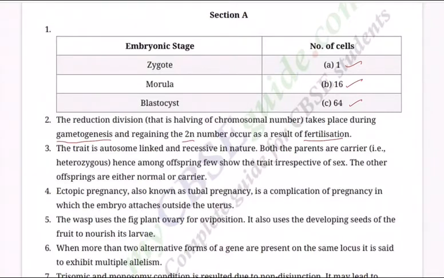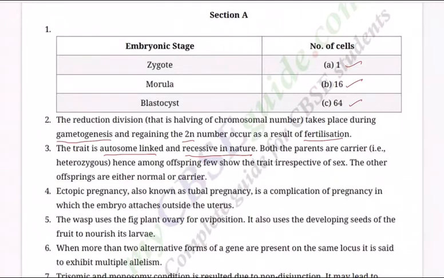Question number 3. A pedigree chart is given below. A particular generation shows a trait irrespective of sexes, present in both male and female. Neither of the parents of the particular generation shows the trait. Draw your conclusion on the basis of the pedigree chart. Now the trait is, as you guess, autosomal recessive in nature. Both the parents are carriers, that is heterozygous.